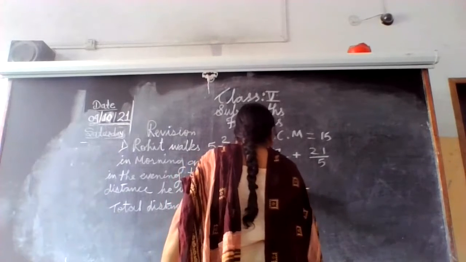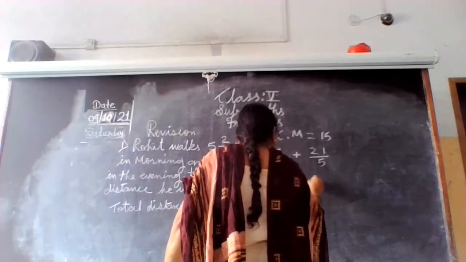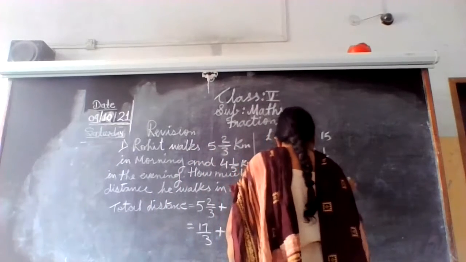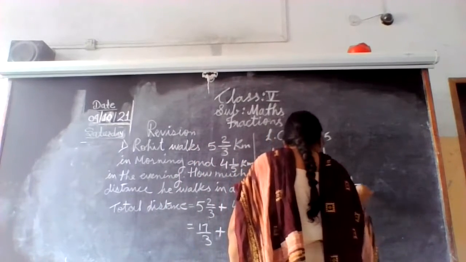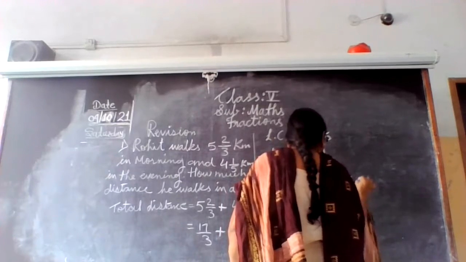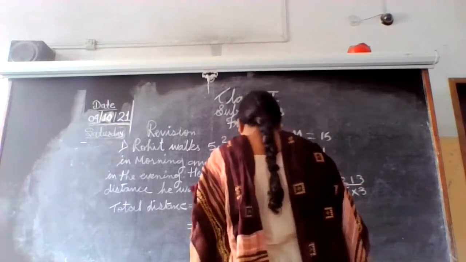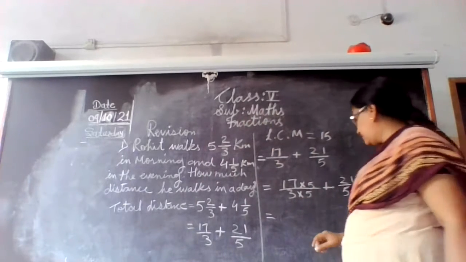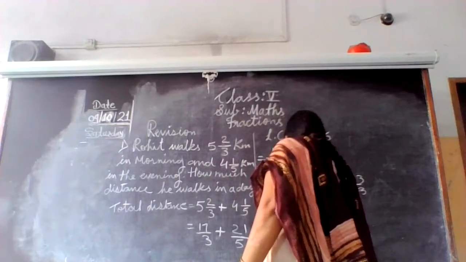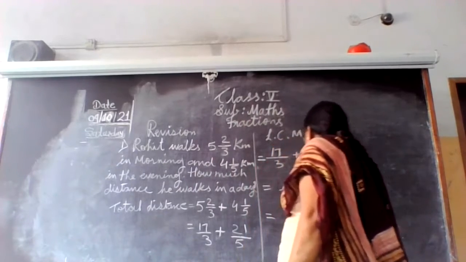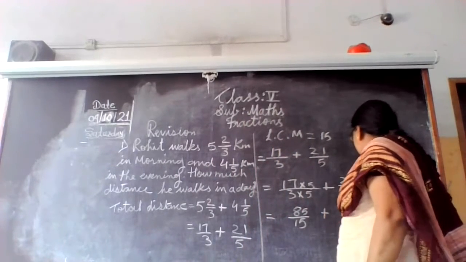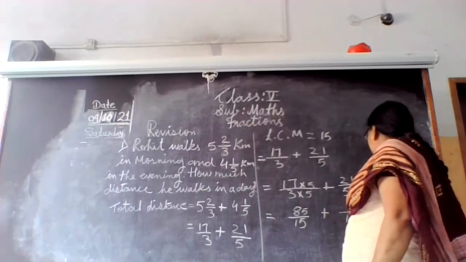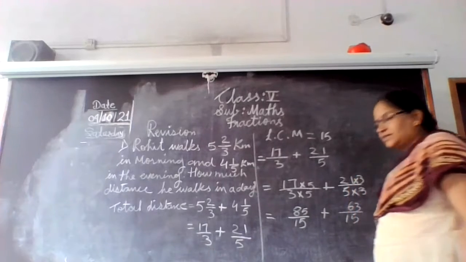So 17 upon 3 multiplied by 5 plus 21 upon 5 multiplied by 3. 17 5s are 85, 3 5s are 15. 21 3s are 63, 5 times 3 is 15.